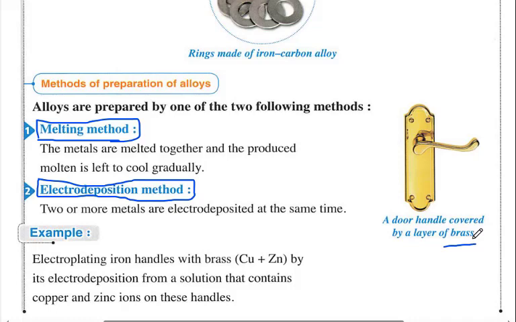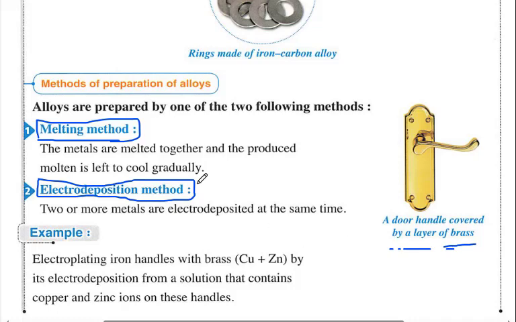Then from the anode, which is zinc and copper, they dissolve in the solution and are deposited on the cathode. We'll take this electrodeposition in detail in electrochemistry in the fourth unit.